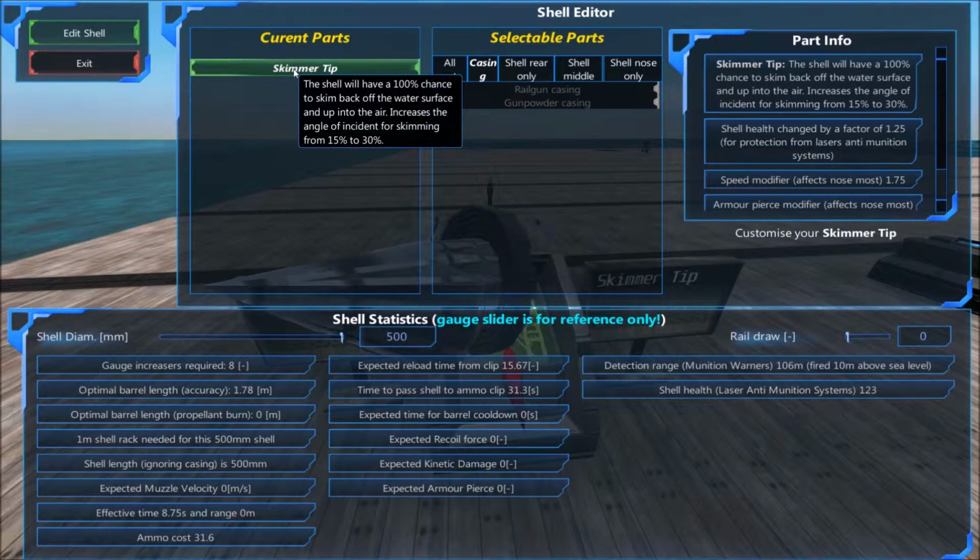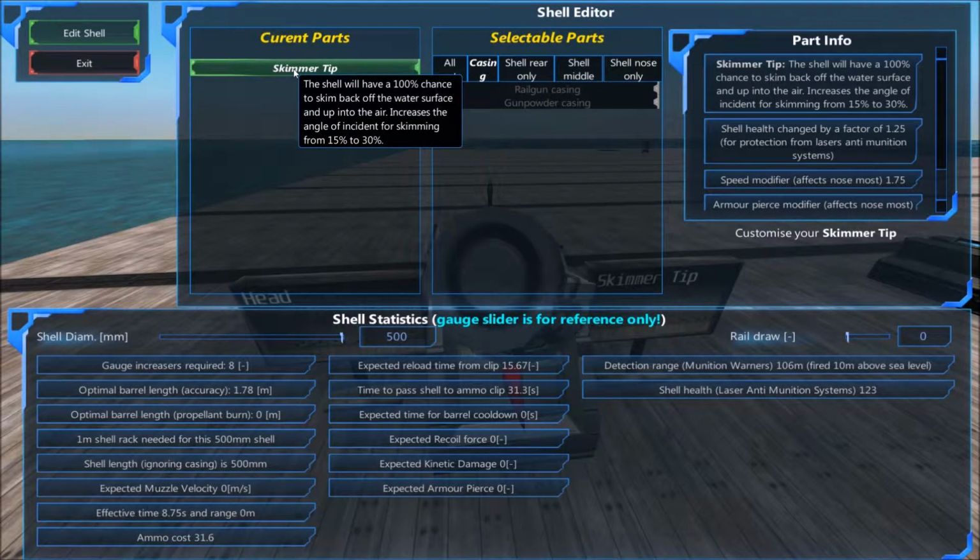It also increases what I've assumed is a 50% chance for your shell to bounce to a 100% chance. So if your shell comes in at 30 degrees, it will bounce every single time. Now, generally that's a bad thing. You do not want your shell bouncing.